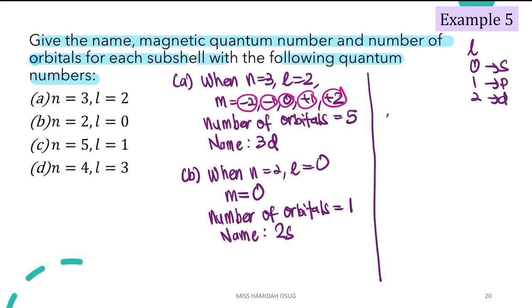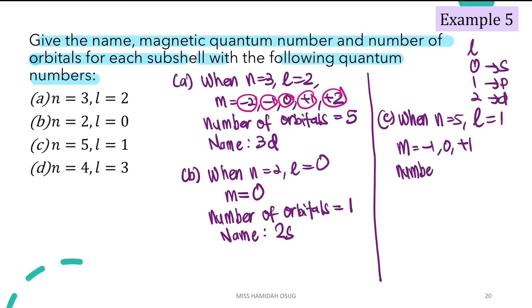Next, for question C, when n is equal to 5, L is equal to 1. Therefore, the value of m should be -1, 0, and +1. So there is a total of 3 orbitals there, and the name of the orbital is 5p.